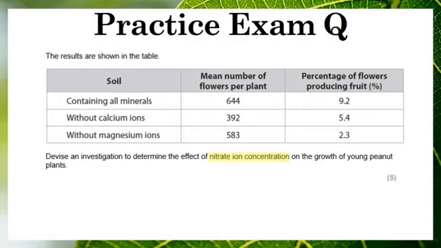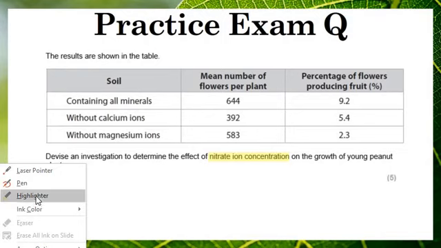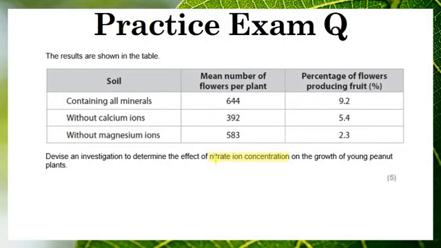Okay, so part of it is highlighted for you already, the most important bit about nitrate ion concentration. So if we're looking at the effects of nitrate ion concentration, it would be reasonable to expect a range of results of different dilutions, going from, let's say, 0% nitrates up to 100% nitrates.